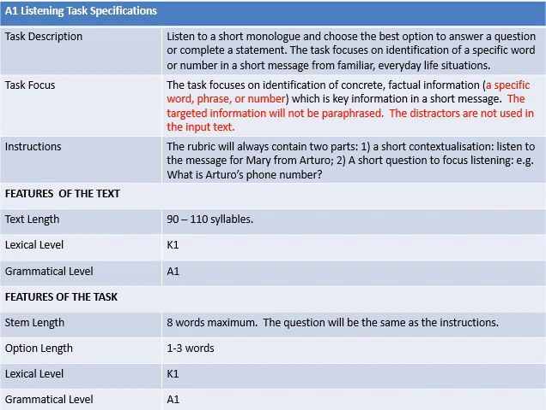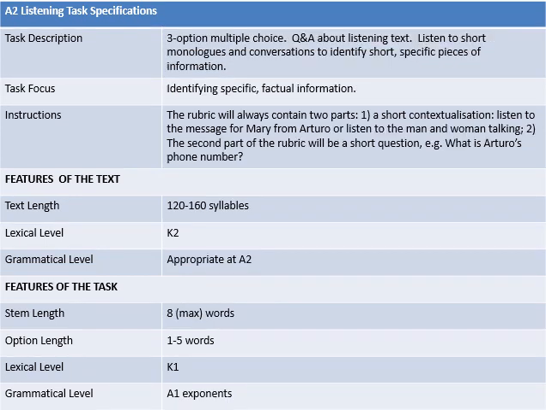And then it goes through the features of the text. It's quite short, a maximum of 110 syllables, and everything should be graded at a K1 lexical level and at an A1. Compare that here now to A2 listening specifications. Essentially, it's very similar. The differences are that there's a bit more variability allowed in the type of text.